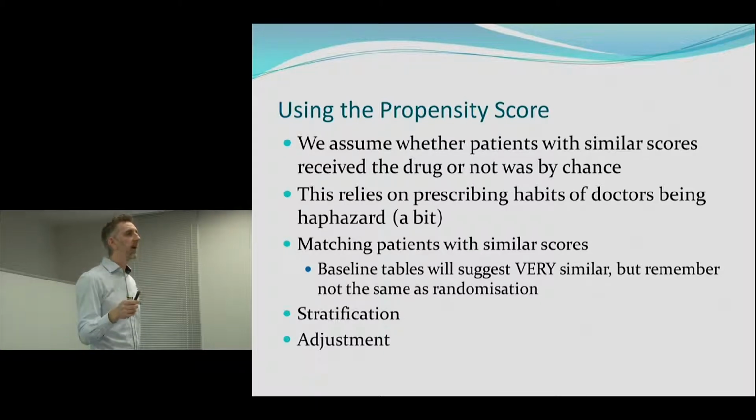It relies on the fact that doctors' prescribing habits are a bit messy and a bit haphazard. It doesn't mean that they're totally awful, or that when I go see my doctor, he just spins a wheel and gives me whatever drug the wheel lands on. But it means there's a little bit of variation in how prescribing happens. Who here is a prescribing doctor?